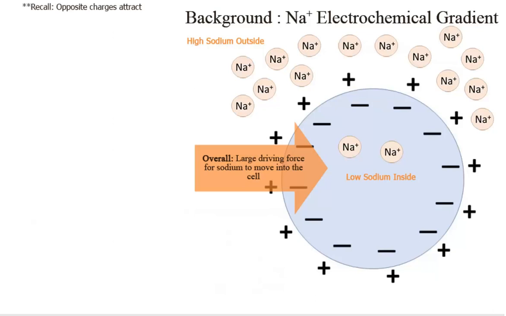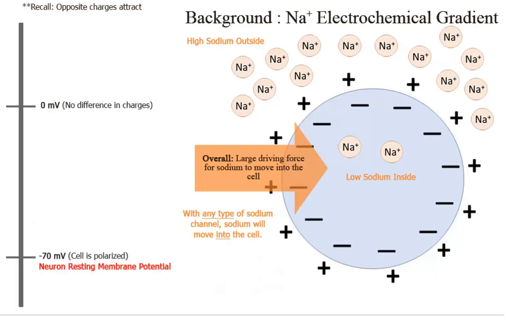What this means is that anytime you open a sodium channel in the membrane, sodium is going to want to rush into the cell. So what will this do to the membrane potential? Just a reminder, the normal resting membrane potential of a neuron is minus 70 millivolts. And remember that 0 represents an equal charge, so that there is no difference in charges between the outside and inside.